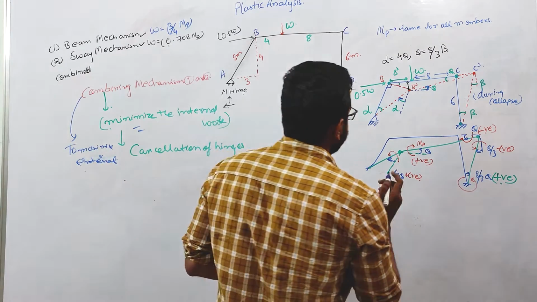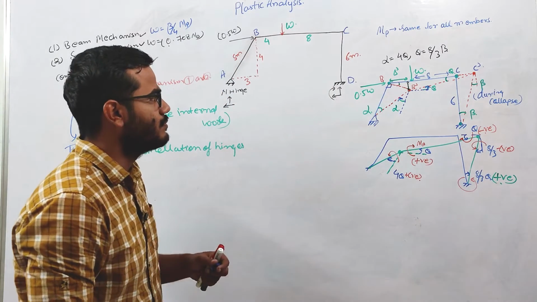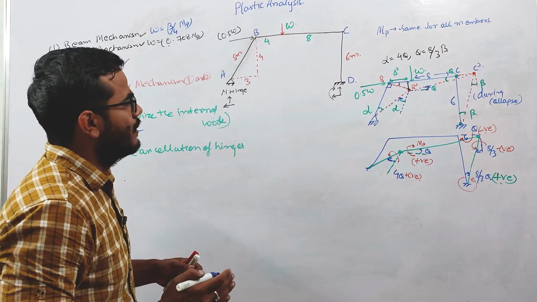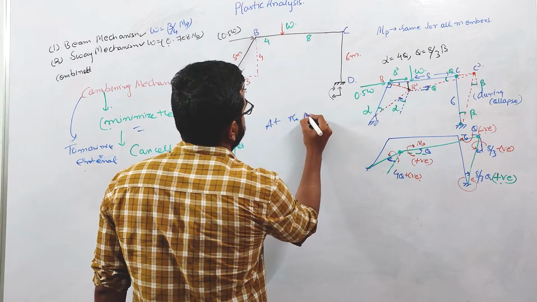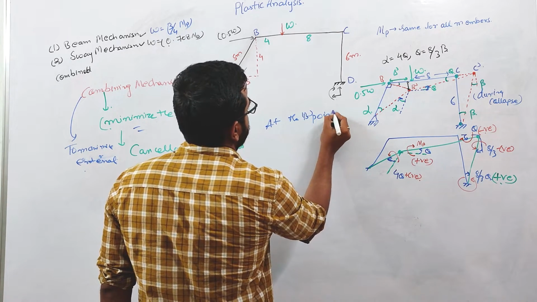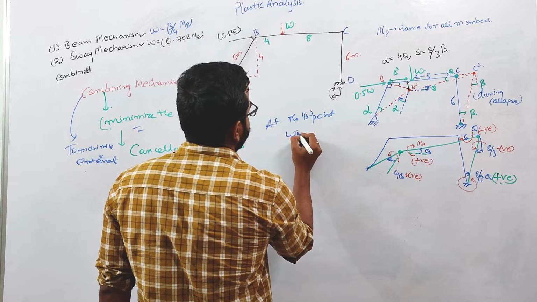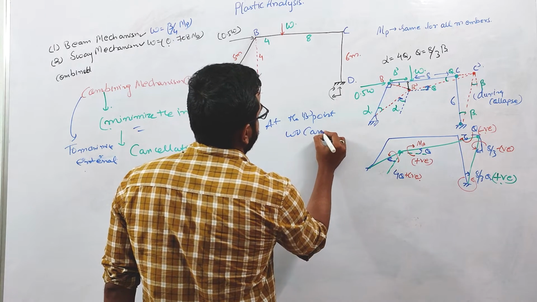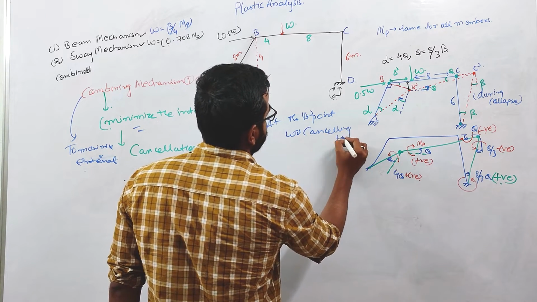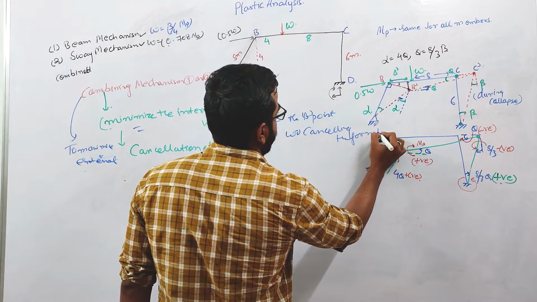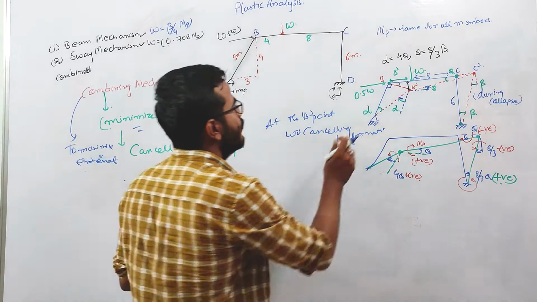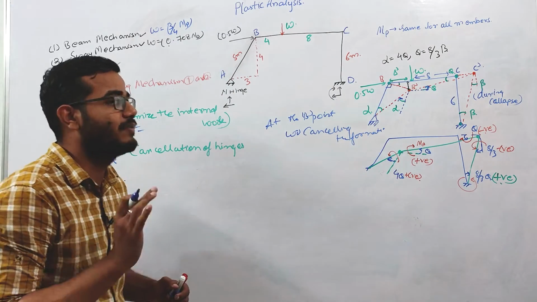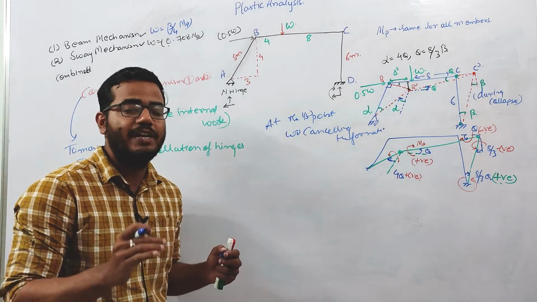Okay. So basically, here at the B point, we will be cancelling the formation of hinges. We combine two mechanisms in such a way that the plastic hinge won't form at this B point. That is our criteria, because ultimately we need to find the critical load.